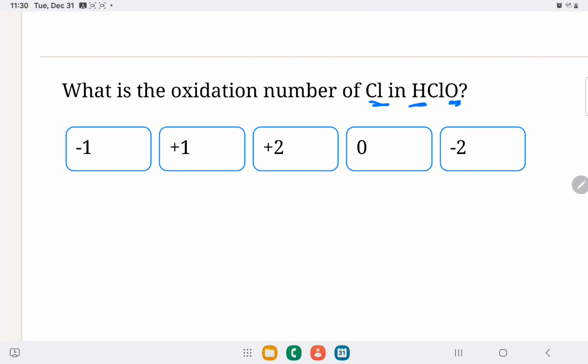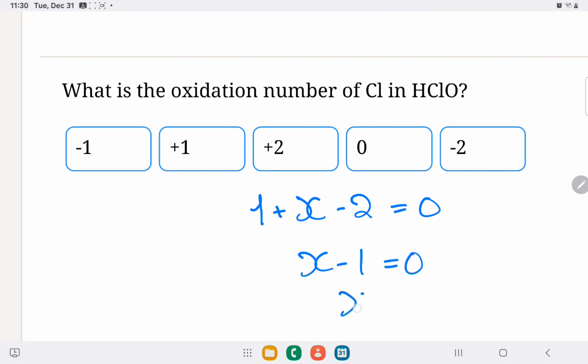We know hydrogen is always +1, so 1 plus Cl x, and then oxygen is -2. I'm going to make that equal to 0. So x minus 1 is equal to 0. The oxidation number of Cl in this compound is +1.